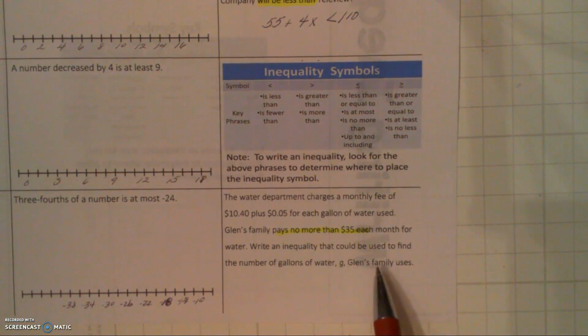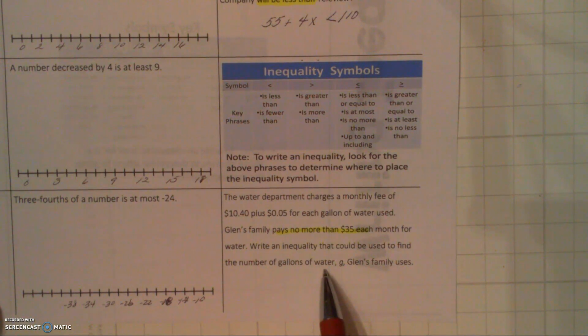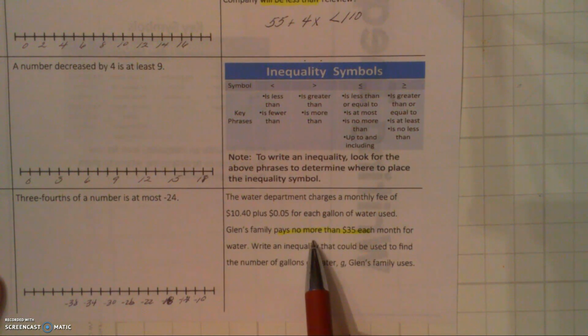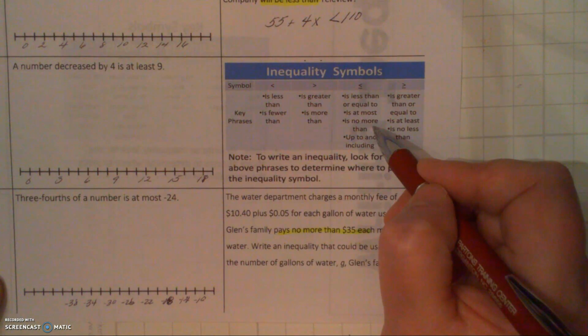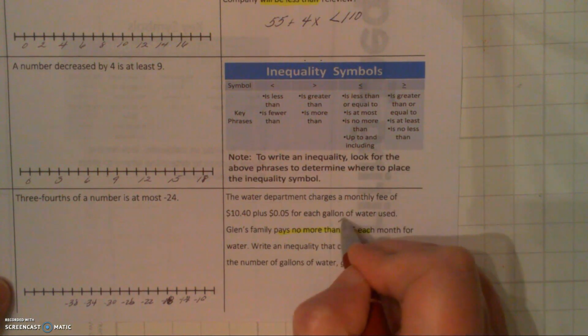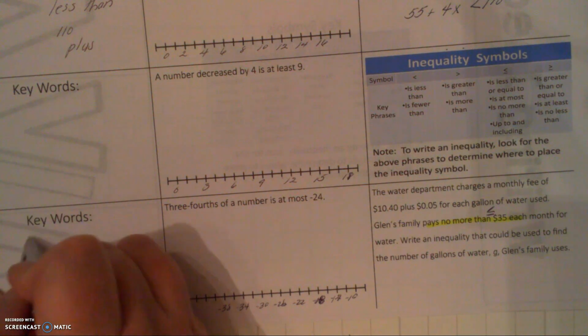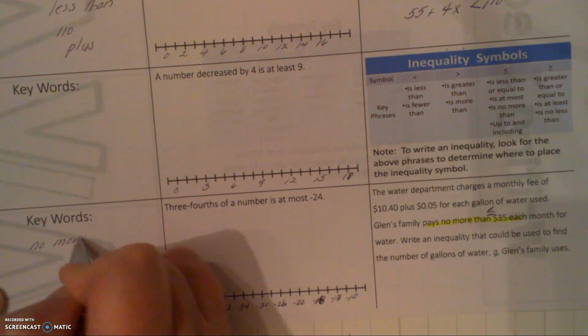Write an inequality that could be used to find the number of gallons of water that Glenn's family uses. So first of all, no more than is this inequality. Okay? And so then if we go back over here to the key words, no more than is the inequality sign.